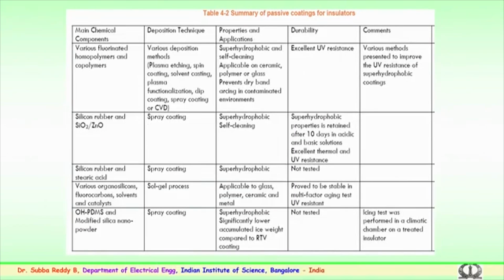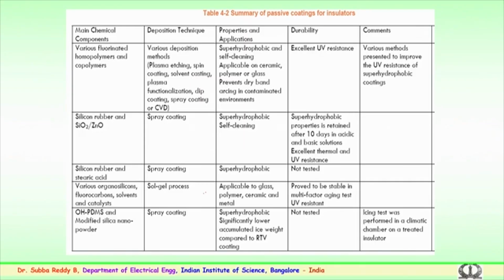This is again a summary of the passive coatings for insulators. Here similarly various chemical compositions of the materials are given, such as silicon dioxide, zinc oxide, silicone rubber. Various techniques are employed like plasma etching, spin coating, spray coatings.